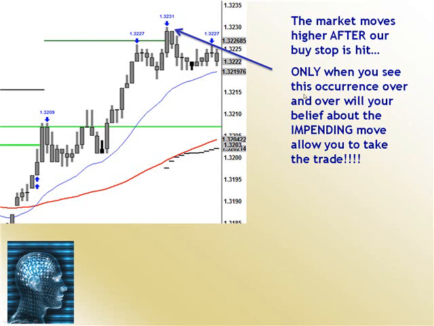But only after you see this occurrence over and over will your belief about the impending move allow you to take the trade. Once again, reprogramming. This is why we do the back testing, guys. It's not just so that we can prove that the model's effective. That's part of it. But guys, when you've taken 500 trades, 800 trades per market, per currency pair, you've seen this setup over and over and over again.